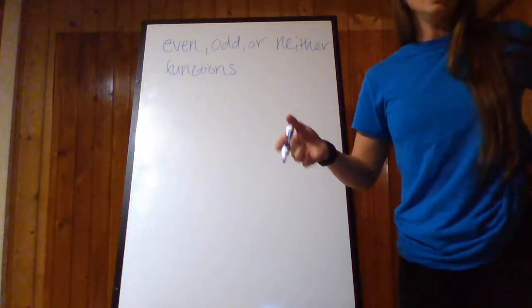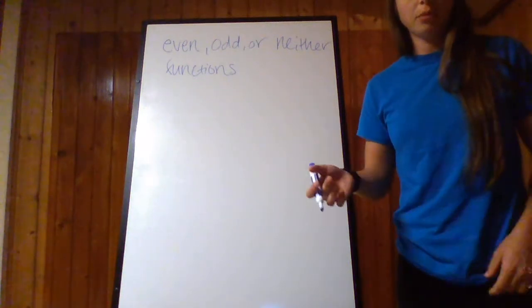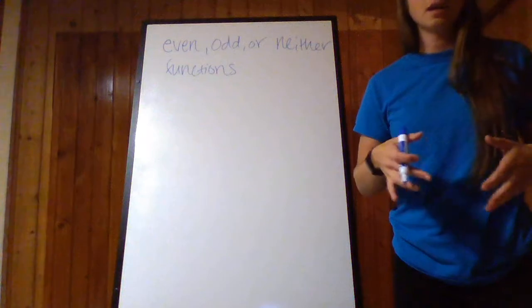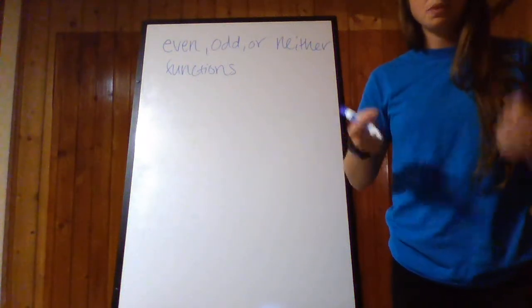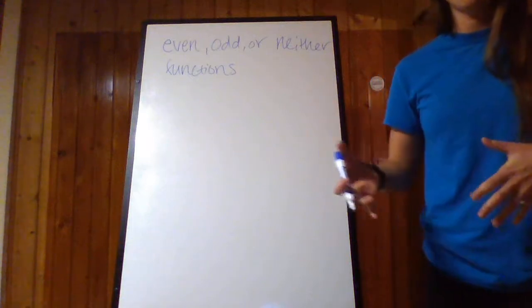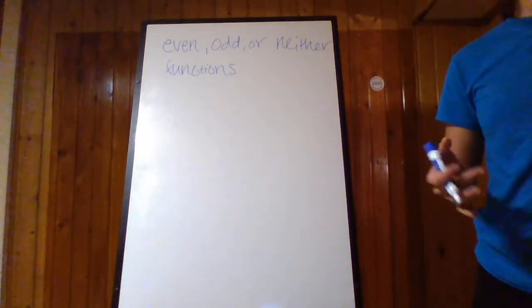Quite honestly, neither is probably the more common with functions that get a little more nasty, but we do sometimes have even and odd, and those are terms we use to help describe and solve anything to do with those graphs. I'm going to put some examples up here.